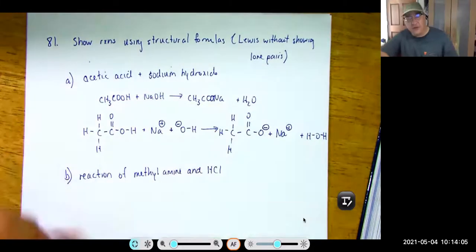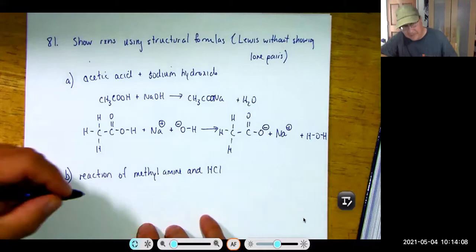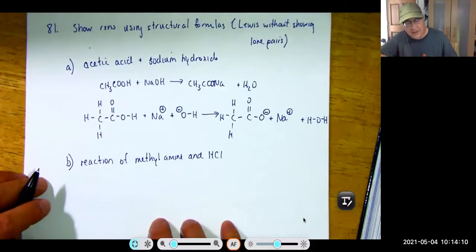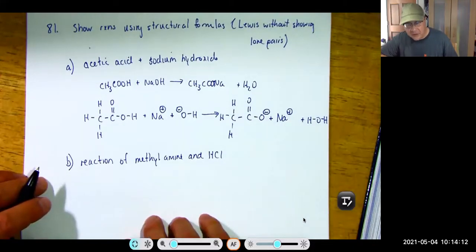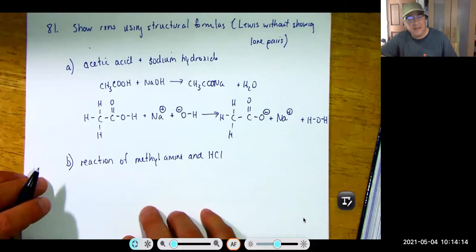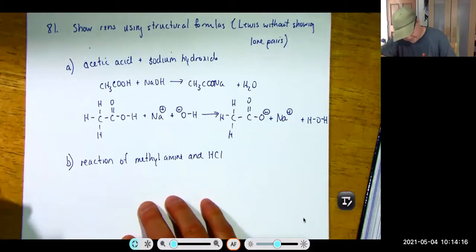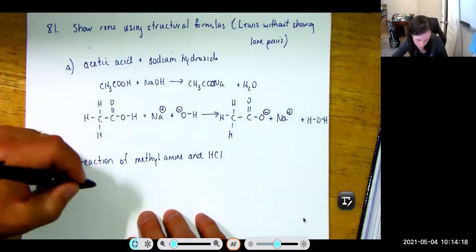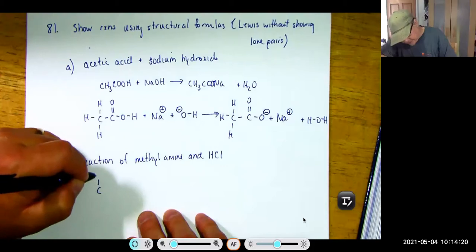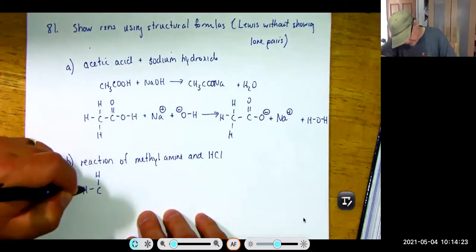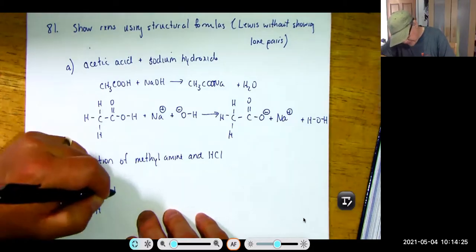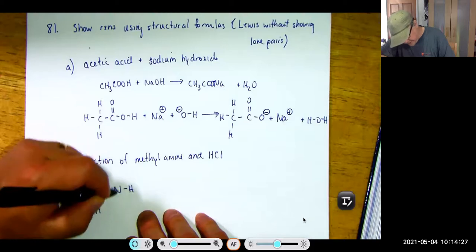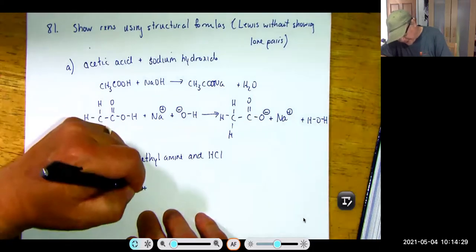So this is kind of a new one to us. This is actually an acid and a base also. The methylamine is the base. Nitrogen. The nitrogen, that's right. So here's the methyl, and here's the amine. Right. And here's the HCl.